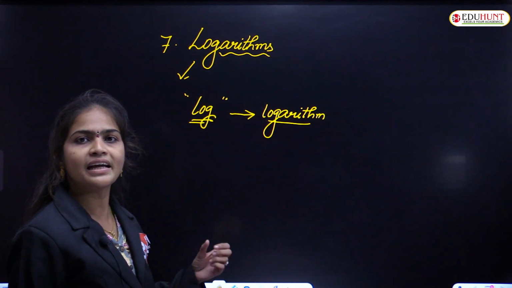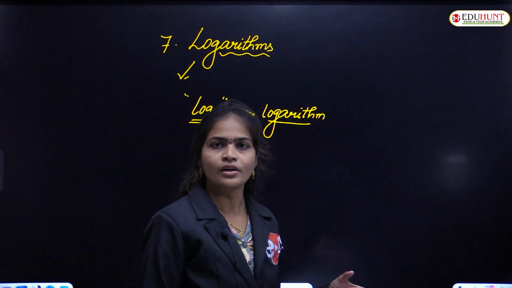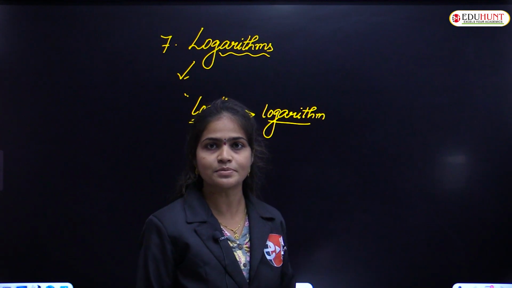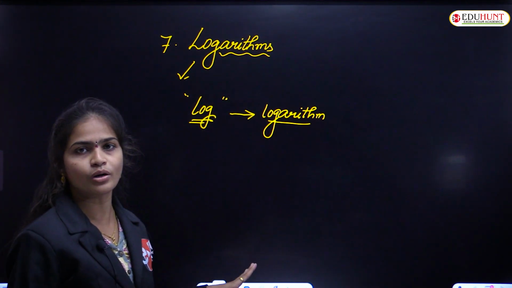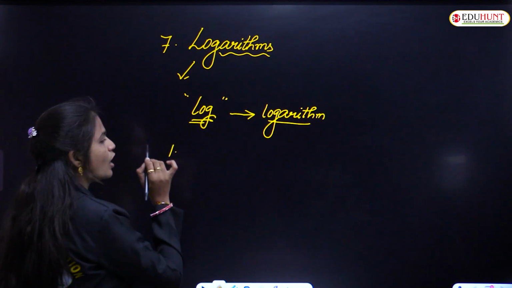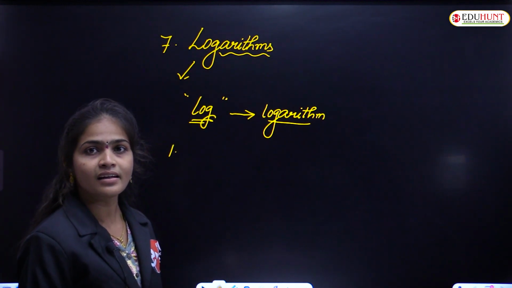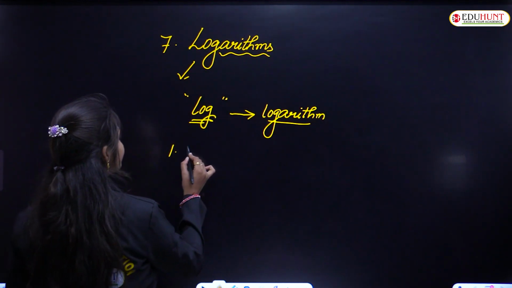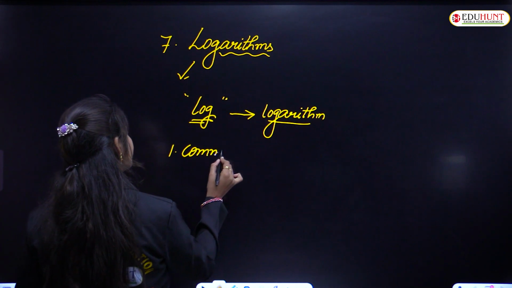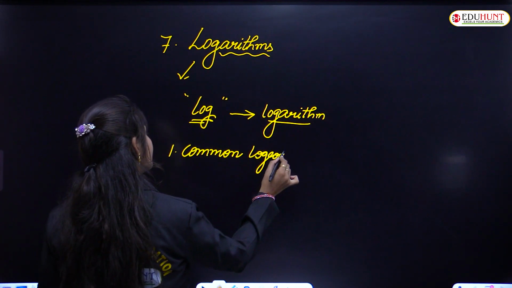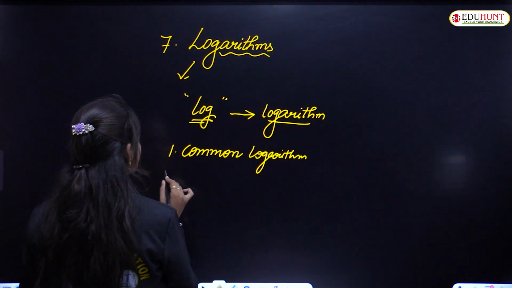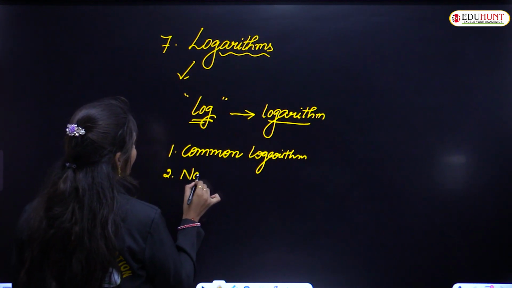Actually here we have the types of logarithms. We will discuss that later; for now I will just tell you the names of those logarithms. The first one is the common logarithm. The second one is the natural logarithm.